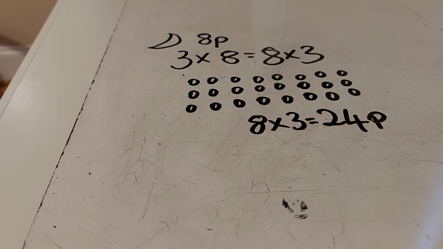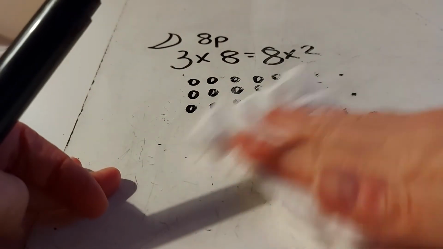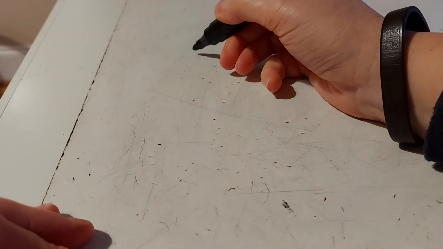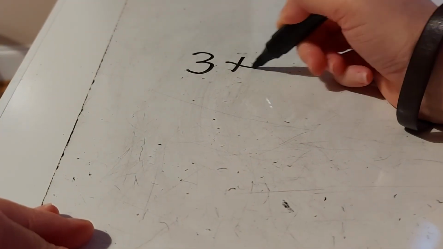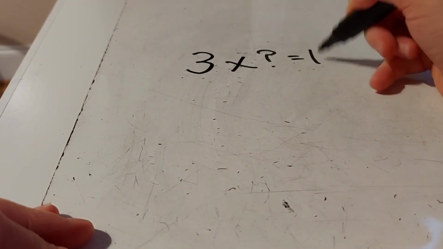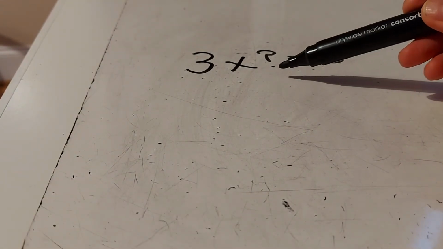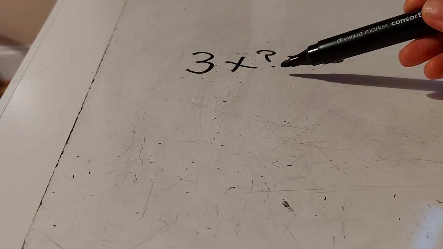Okay? Now the final calculation that I'm going to do is to show you how you can use arrays in trickier multiplication calculations. So 3 times something equals 15. So this time we have the total amount and we have to work out the answer here where the question mark is.